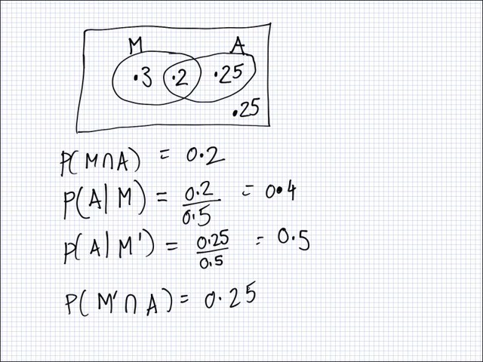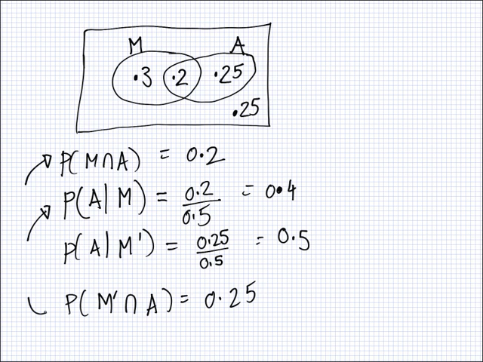Now, what I want you to see is those four numbers are obviously different, but it doesn't seem like there's much of a difference between what I'm saying. Like here I'm saying male and accepted, and here I'm saying the probability of being accepted if you're male. Doesn't sound like much of a difference, does it? But you can see that they are different.